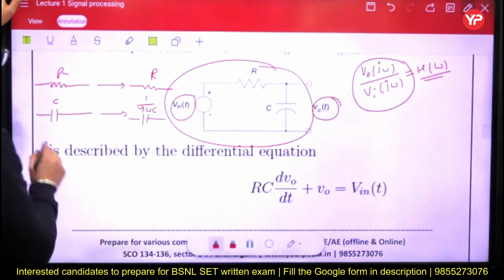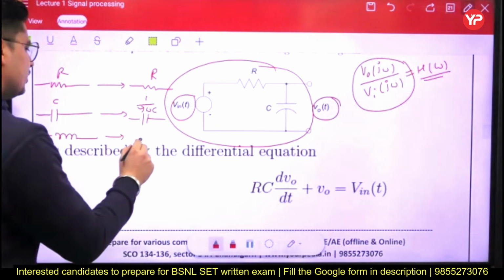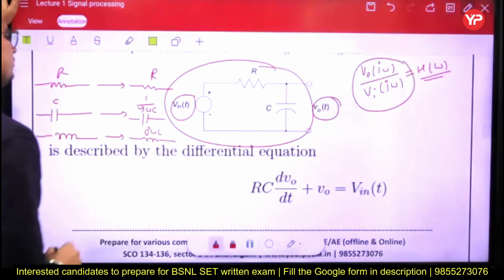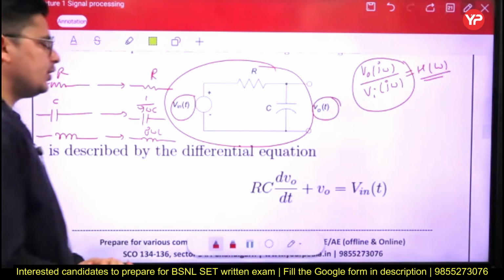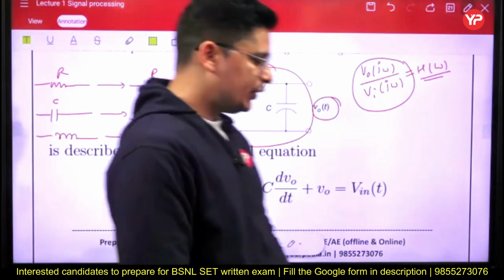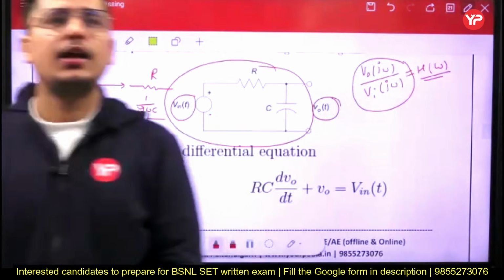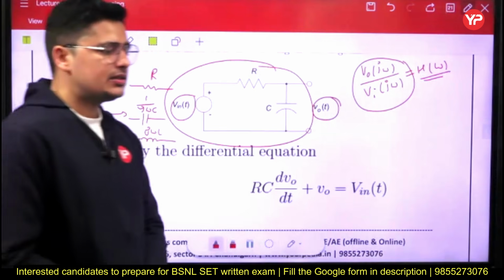And if you have an inductor, it will be replaced by j omega L. So these are the three points. Resistance remains resistance as it is.